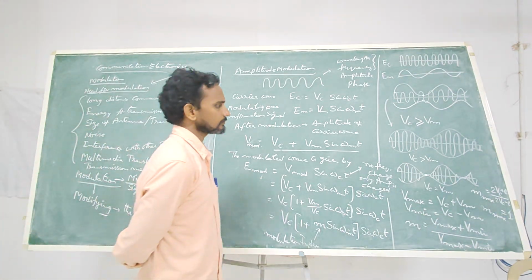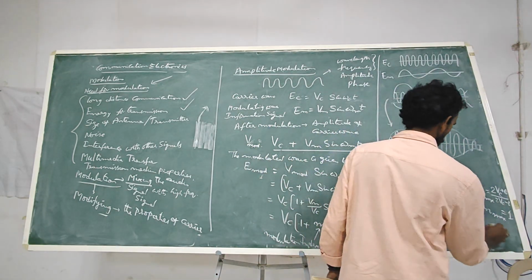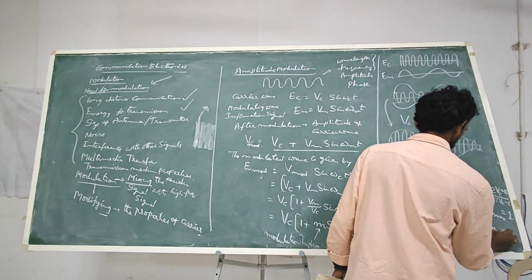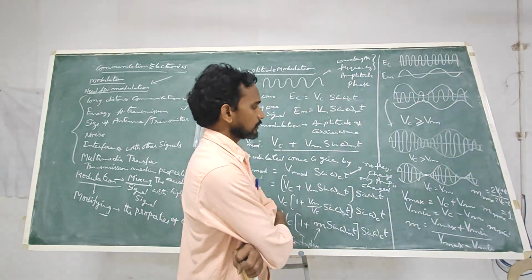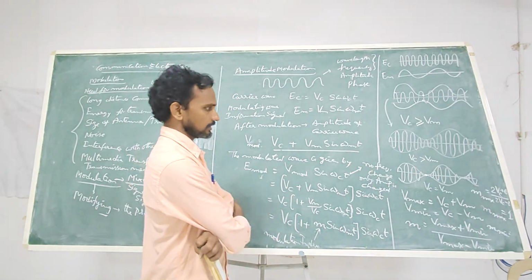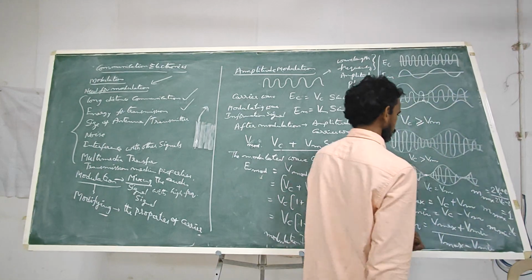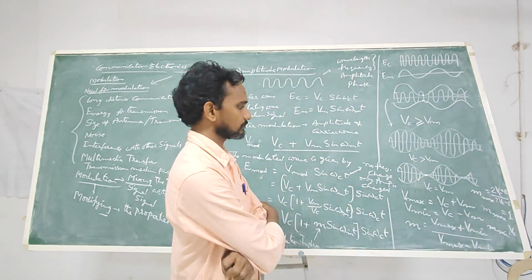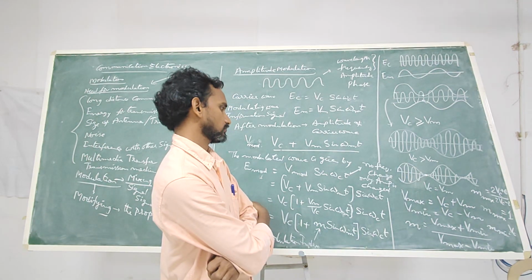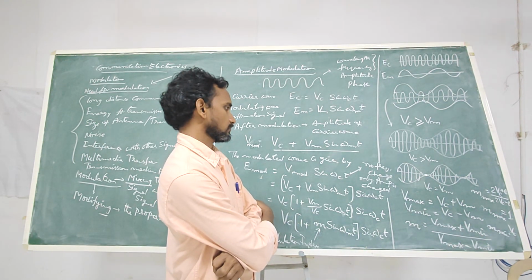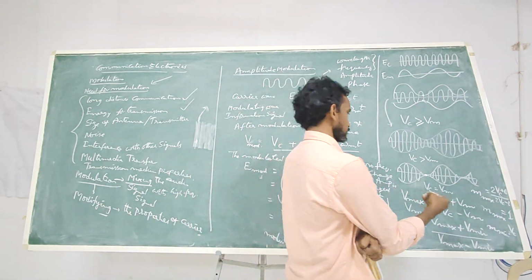And M minimum, so the minimum possible value for Vmax is Vc, in that case Vmin is also equal to Vc.